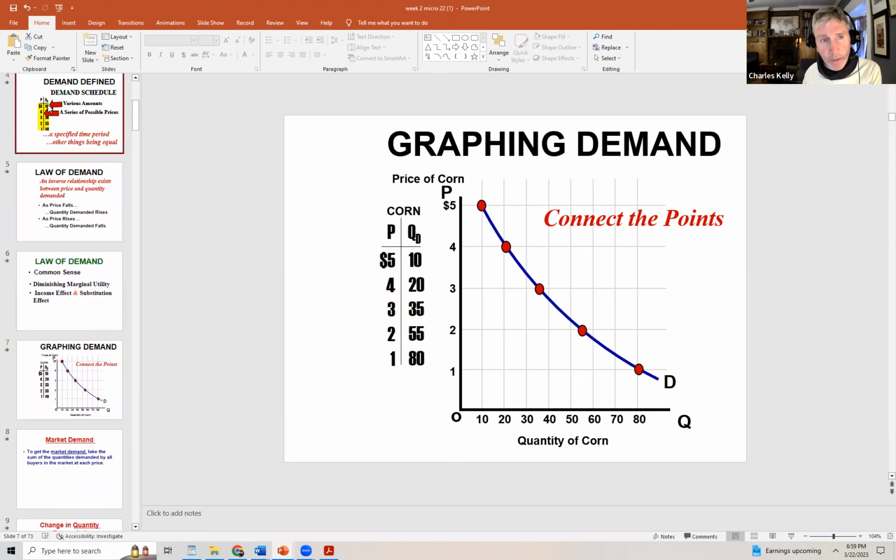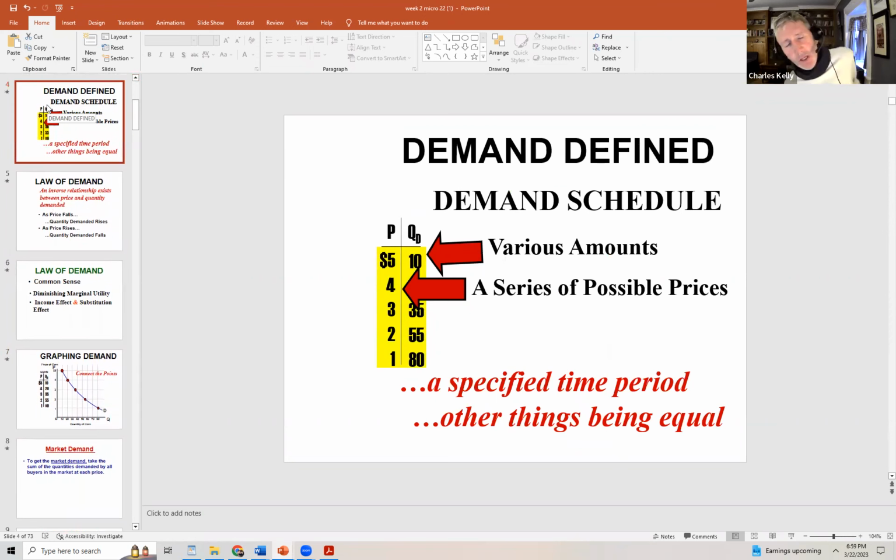A schedule of what? The various amounts of a good or service that buyers are, quote unquote, willing and able to purchase at a series of prices, over a specified amount of time, other things equal. So it tells us, okay, how much will a buyer purchase in this time frame of this good or service?